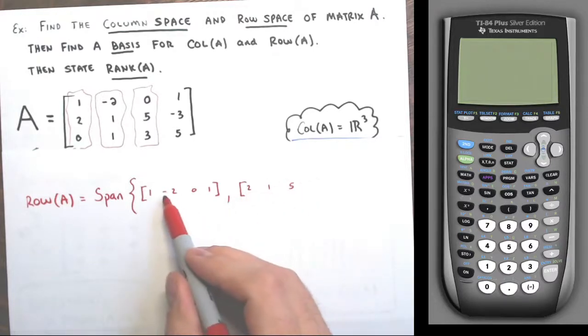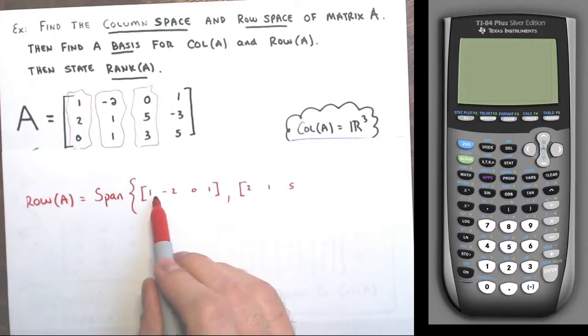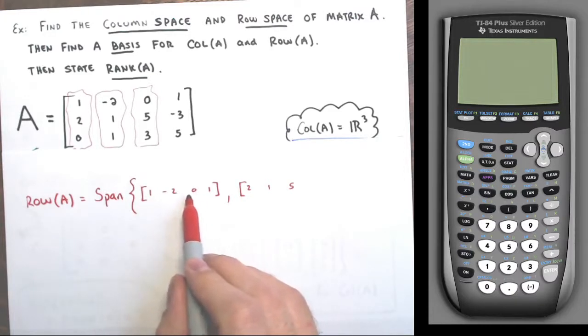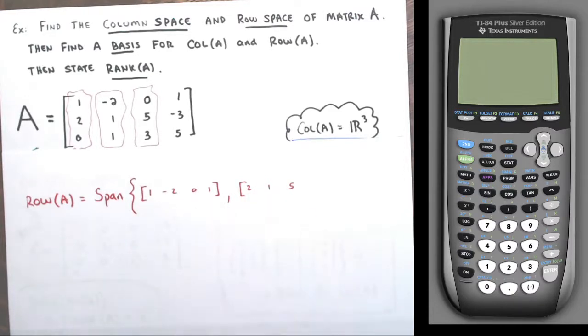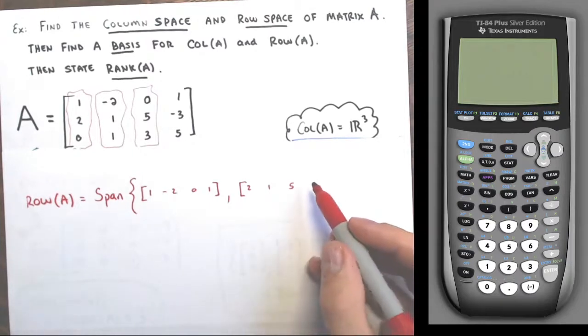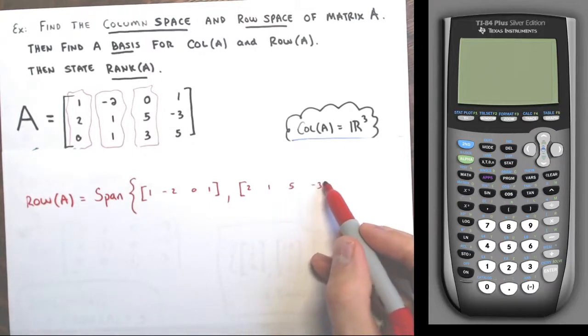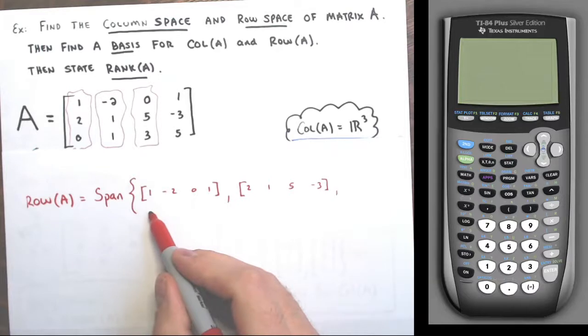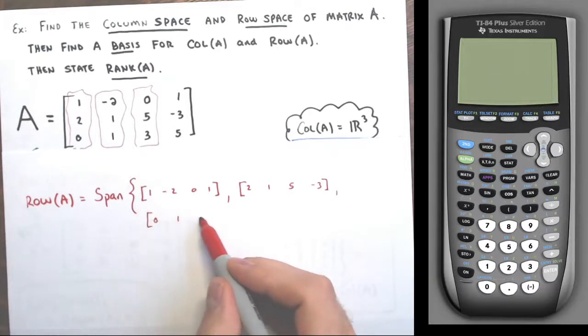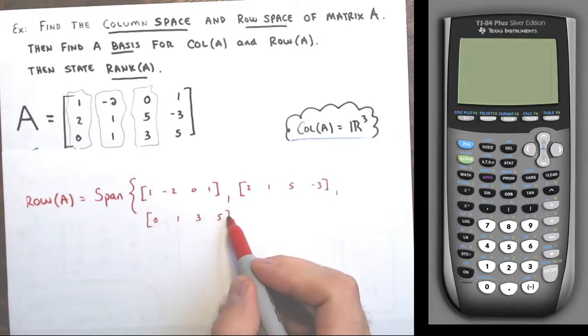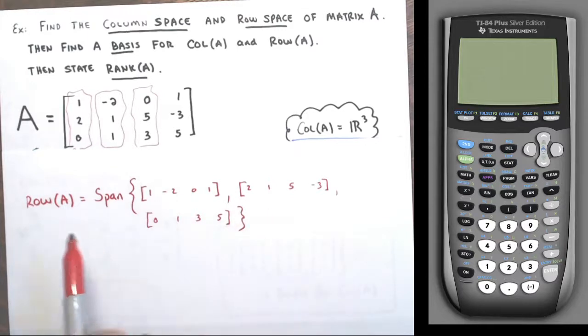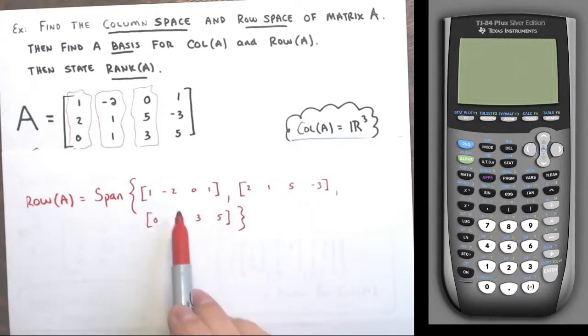You could put commas between these just to make sure you know that this isn't -20 or something, and this isn't 21, just to make sure you know these are separate entries. 2, 1, 5, -3. But I'm going to try to space them out. And the vector 0, 1, 3, 5. So the row space of A is the span of all these 3 row vectors.